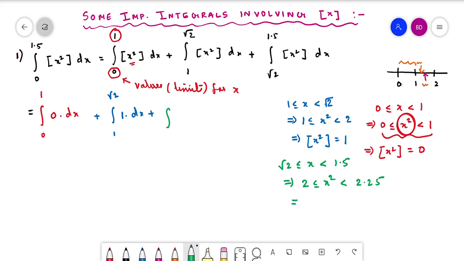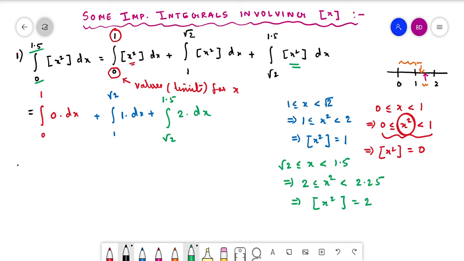So box x square will take the value 2. So we can now replace box x square here by 2. So this is root 2 to 1.5 and box x square is 2 dx. Now you see why we divided the given interval 0 to 1.5 in this manner. So now it's easy to calculate.